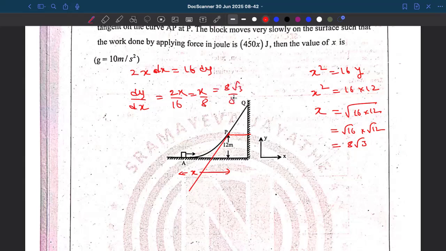Eight root 3 by 8 root 3. Tan theta is equal to root 3. 60 degrees.